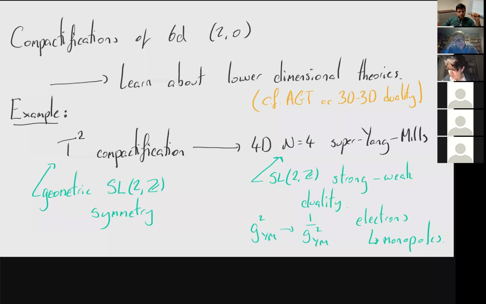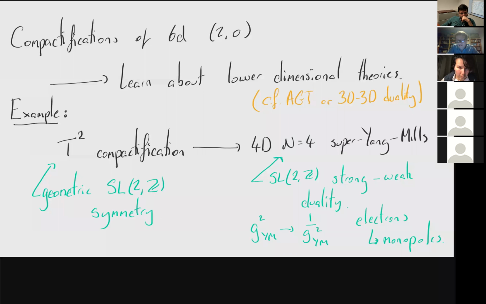A very simple example of where using the geometry of a 6-dimensional compactification tells you something very helpful about a lower dimensional theory is in 4-dimensional N=4 super Yang-Mills. N=4 super Yang-Mills has a strong-weak duality. It's an SL(2,Z) symmetry, or SL(2,Z) duality, I should say, which maps strongly coupled sectors of the theory and weakly coupled sectors of the theory into each other.